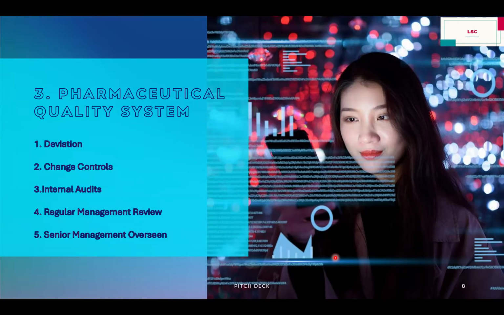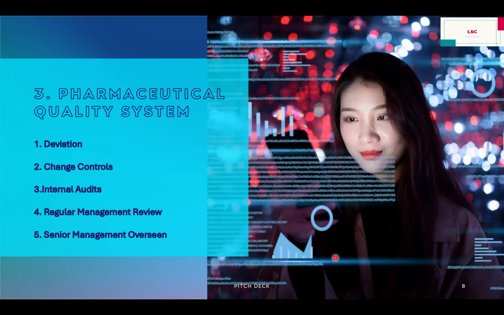We always implement this. First is deviation. In our validation part and our operation part, what is the deviation? What is the non-conformance? We have to check the impact on your three pillars: product quality, patient safety, data integrity. We have to check the risk, point out the root cause, and then implement our correction and preventive action.